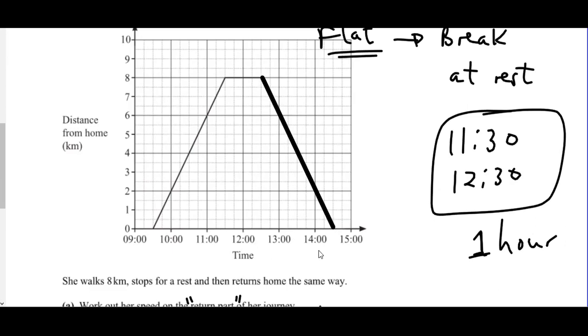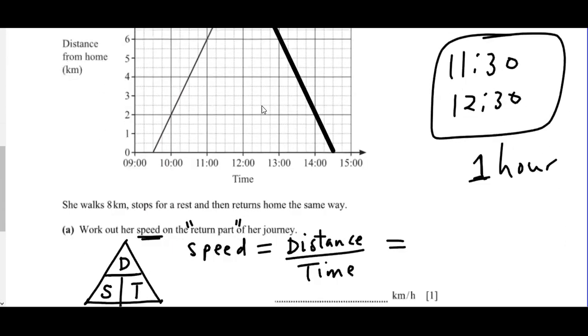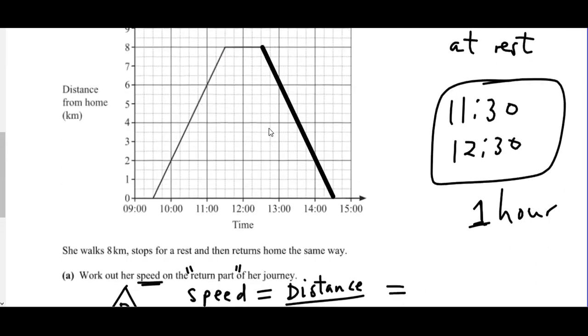So in order for us to calculate the speed, we need to know the distance. We need to know the distance from that point, all the way down to this point. So the distance is this distance here minus this distance.